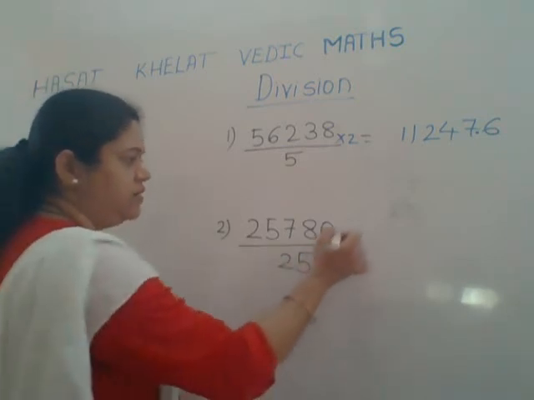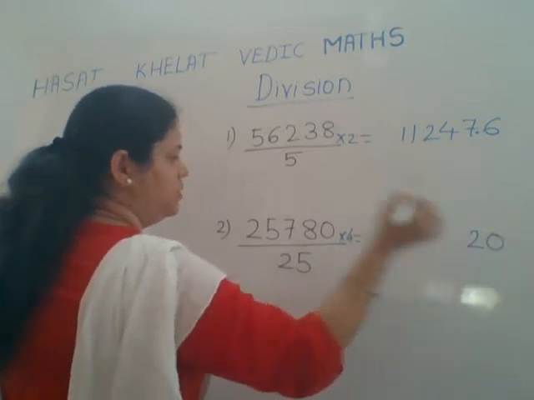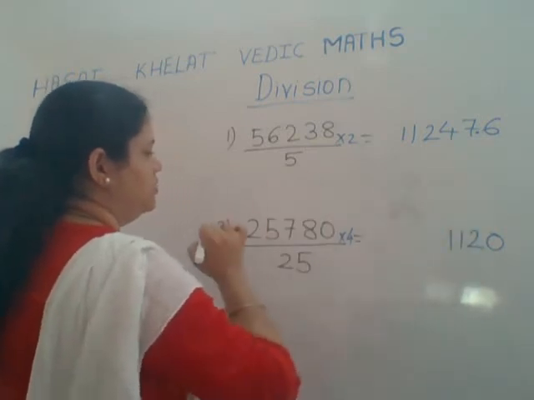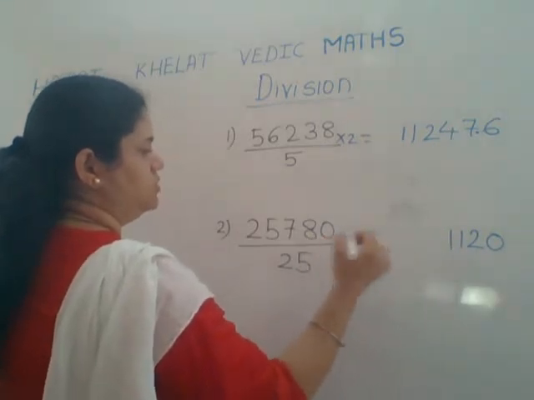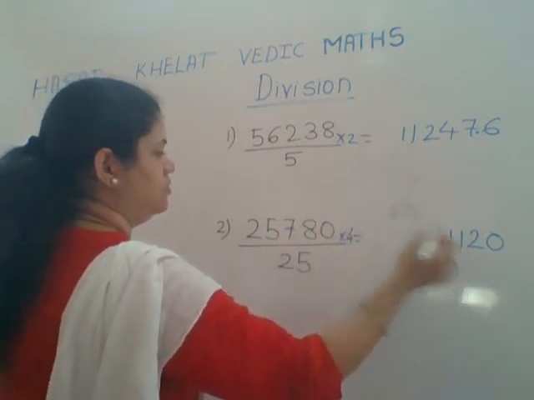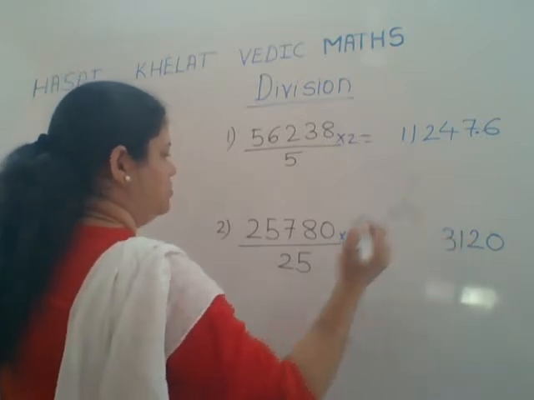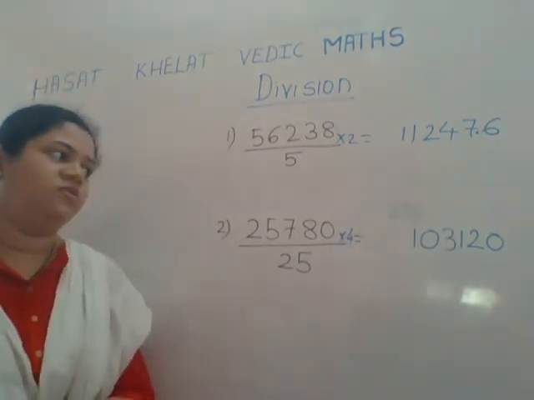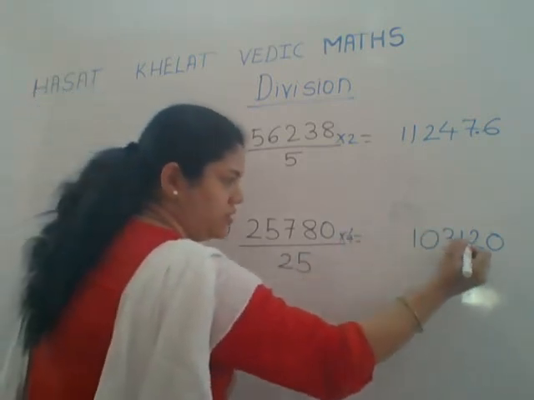For the next division, 25780 is divided by 25. So I'll multiply here with 4. 4 zeros are 0, 4 eights are 32, 4 sevens are 28 plus 3 is 31, plus 3, 4 fours are 16 plus... I've got 103120, and the decimal point will be after two digits.